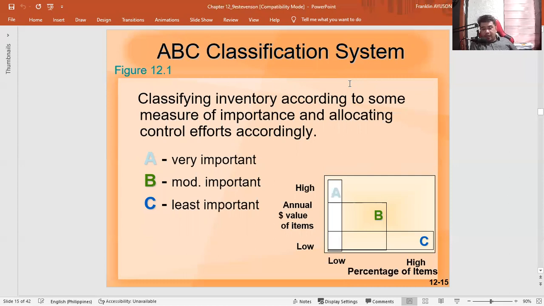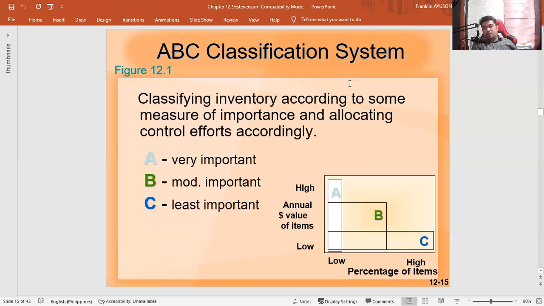A classification are items with a high annual value and low percentage of items. Ibig sabihin, ito yung mabilis yung turnover, mabilis mabenta. Malaki rin yung kinikita ko dito. Sabi naman, B items are moderate. So I still need to maintain, but not as important of allocating my effort as to A products.